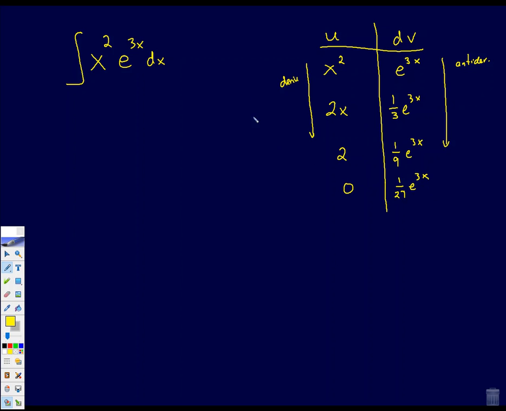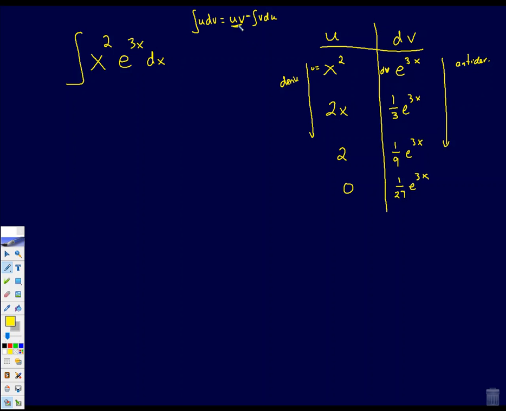Now, let's look at our integration by parts formula one more time. Notice the first part of every integration by parts is uv. So if the original u was x squared and the original dv is e to the 3x, then v would be 1/3 e to the 3x.